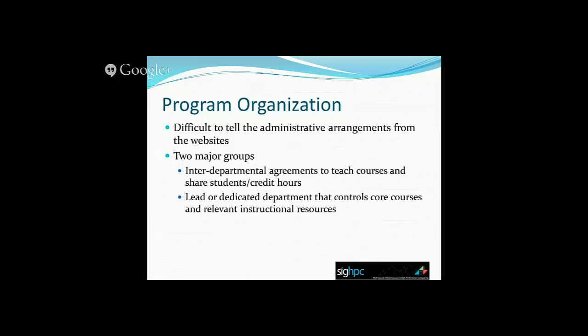So the minor program or even the graduate programs may not have a single sponsoring department, but it's a matter of interdepartmental agreements that have been reached on which core courses to teach, who teaches them, or whether they're shared across disciplines, and then elective courses that are specialties in those particular disciplinary areas.